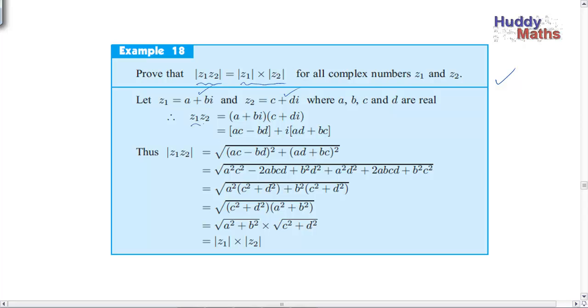Okay, so z1 z2 is that, just be careful with our expansion, real plus imaginary part. Once you've got that, you can find the length because it's the square root of real part squared plus imaginary part squared. And there's a lot of expansion to do there. I hope you're good at that.